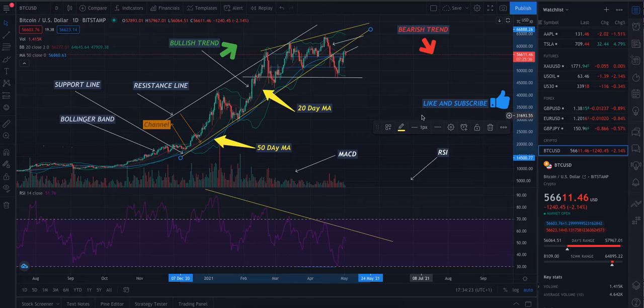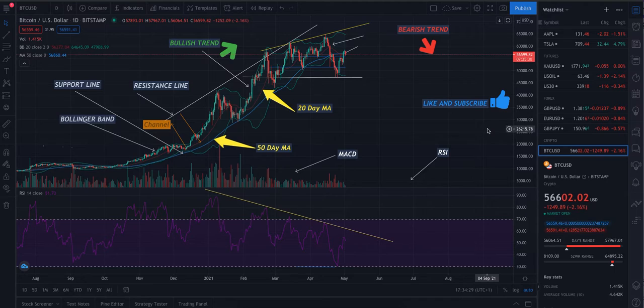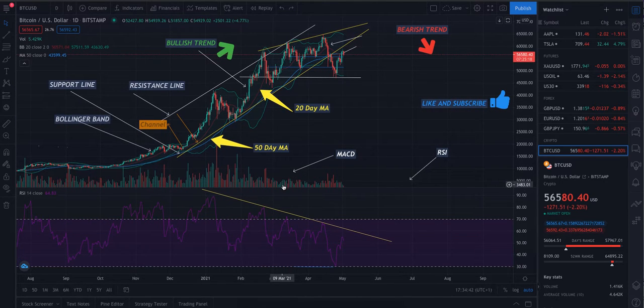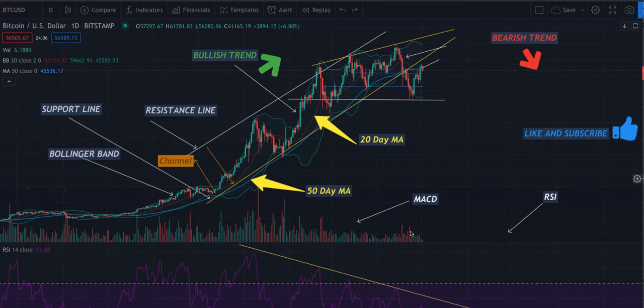Okay, alright, so let's get rid of that. Actually, let's keep that there. Right, so this is your MACD. If you didn't watch the other episode before, this is a visual representation of the price. So you can see the red means selling pressure and the green means buying pressure.